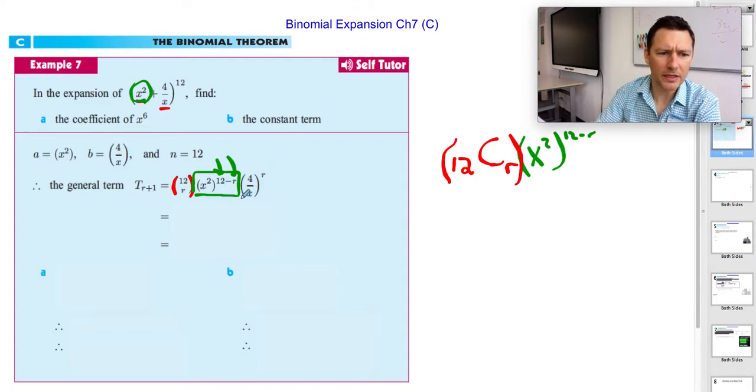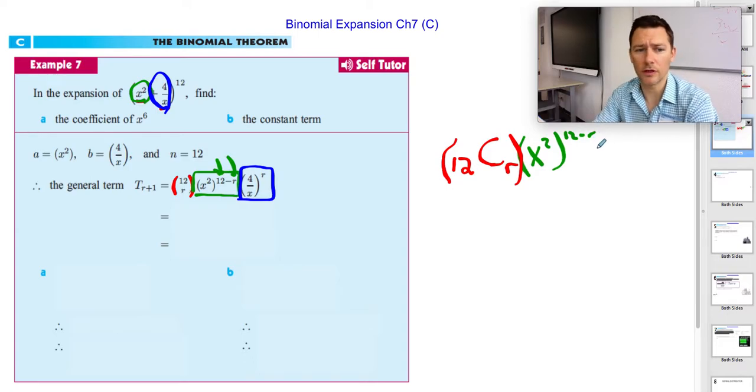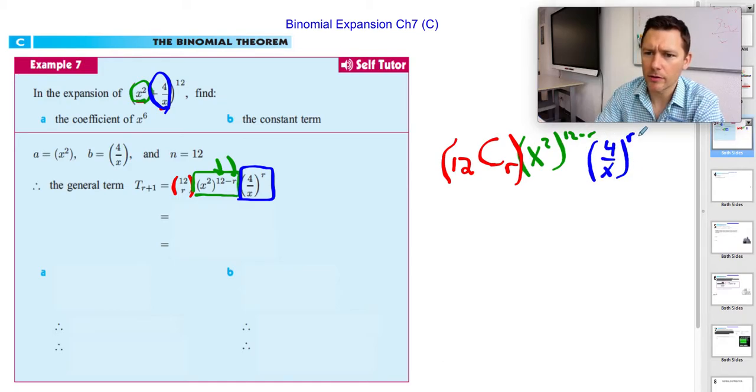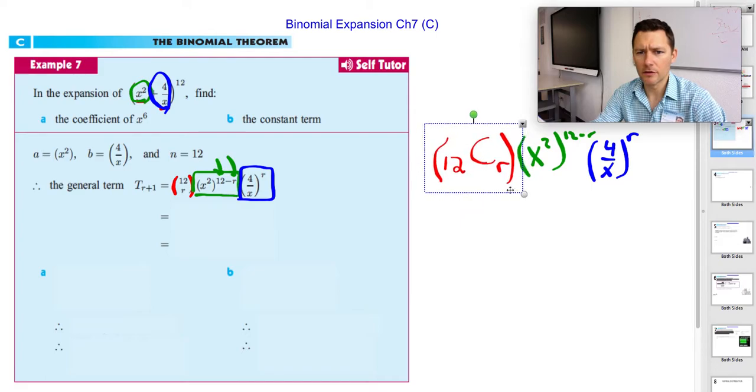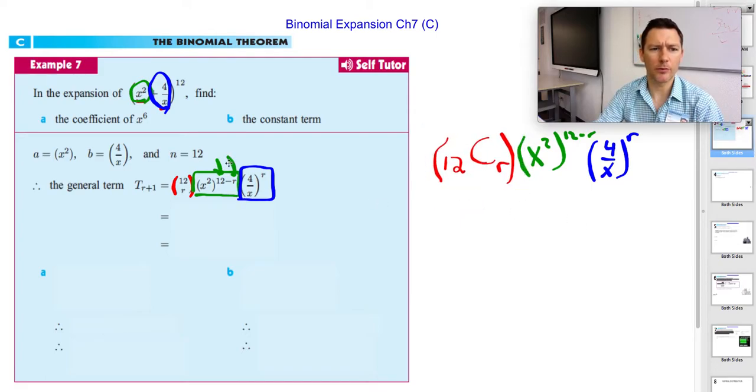And then this piece is this component, and it starts at 0 and comes up to the full n value, increasing by 1 each time. So this is 4 over x to the r, like that. Okay, so this describes each of the terms that we have, and so we can use that to figure out the pieces we want.